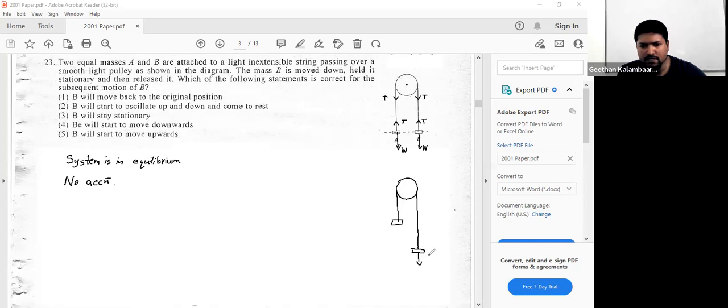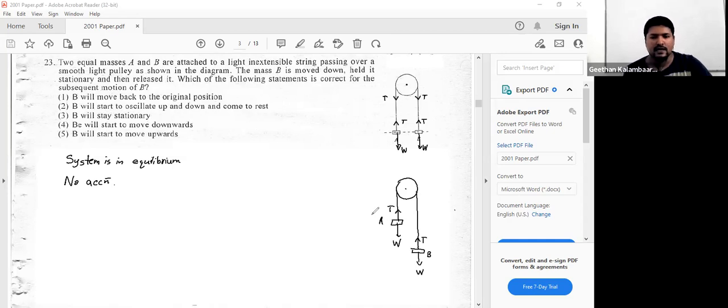Now when you mark forces on this system, still there is no resultant force. It's W towards this side and W towards this side. So there's no resultant force. So what will happen? It will stay there. Nothing else will happen, right? If you think that these masses will come back to the original position, that means you're thinking in terms of moments in a balance, but this is not something like that, right?